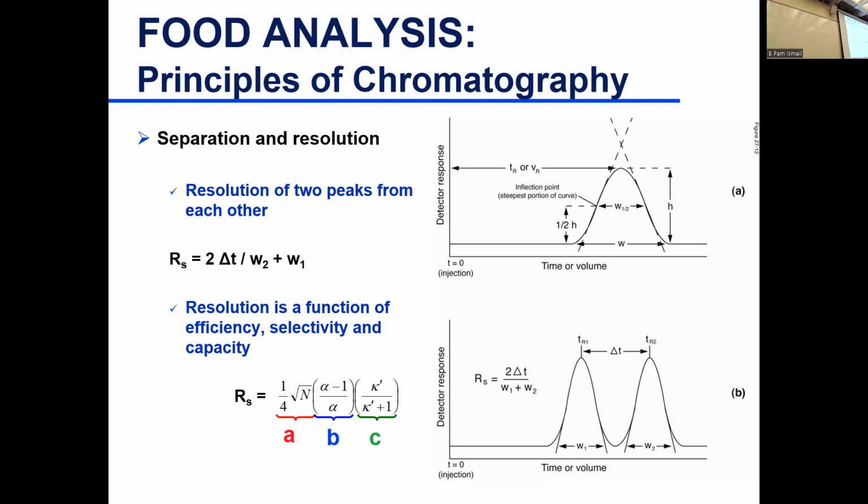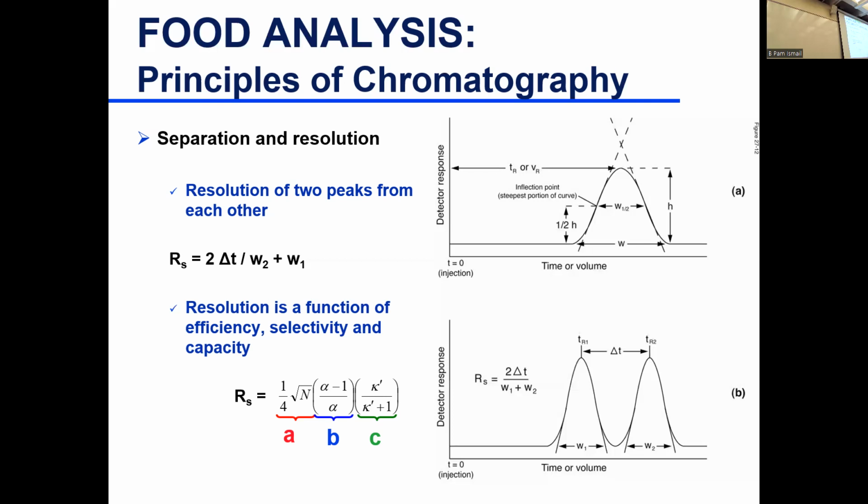Now that we understand that, I want to talk about the three important factors that impact resolution: column efficiency, column selectivity, and column capacity. The efficiency is designated by N, the theoretical plate number.